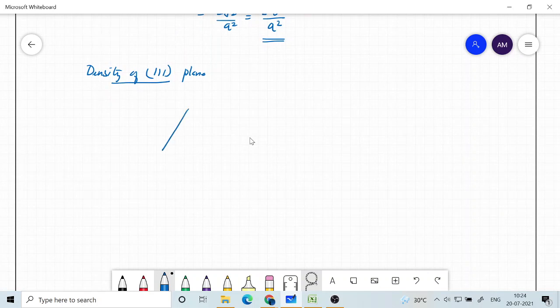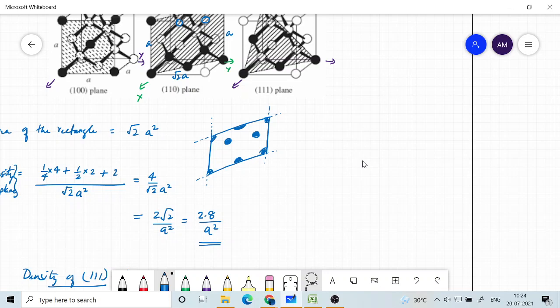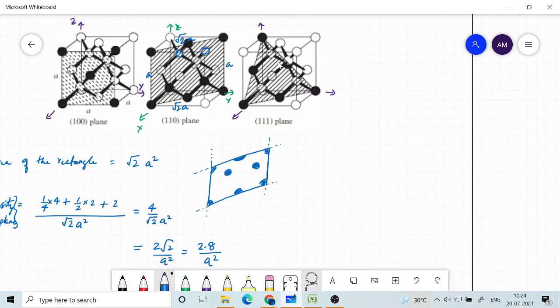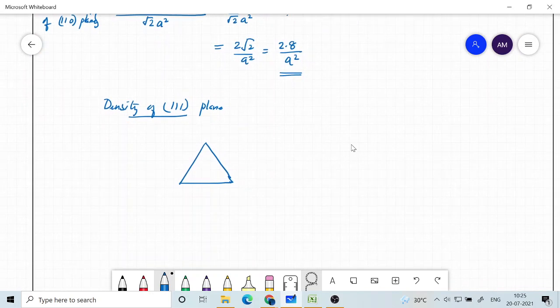So this is basically an equilateral triangle. It has an x intercept, y intercept, z intercept, and what is the length of this one edge? It is basically root 2a. So this is a and this is a, and therefore this diagonal will be root 2a.